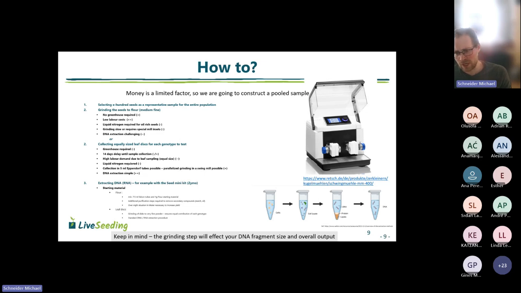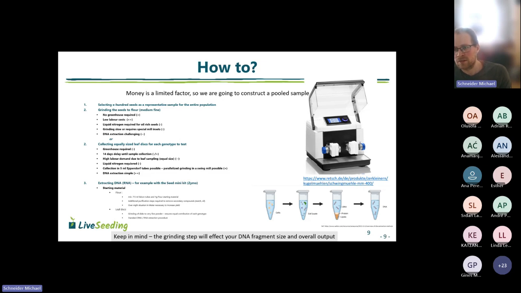One thing that we have to keep in mind is that grinding the seed and also the leaf tissues will affect our DNA fragment size and the overall output of the DNA. You can imagine this is a beating mill, so we have some metal balls sitting in here that break down the tissue, and with the tissue the DNA will also be damaged and become shorter.